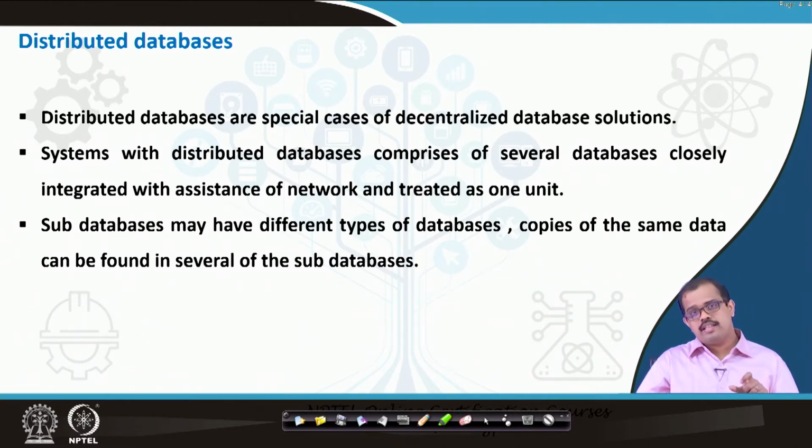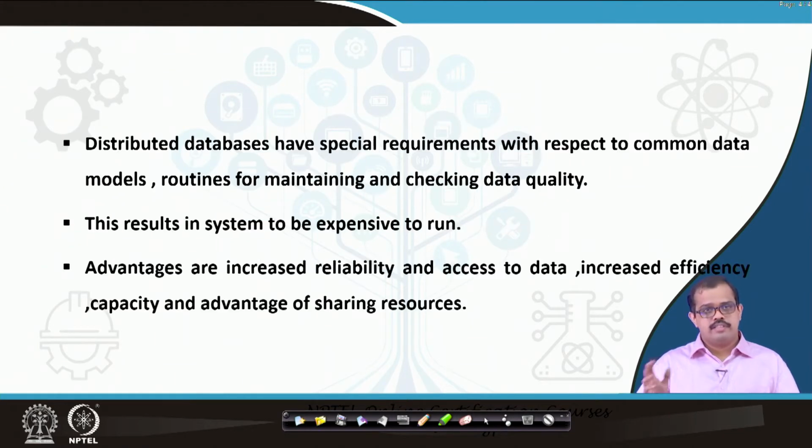The issue is data redundancy, in case it is not needed. That is something you have to maintain in a much better way, which relational databases normally handle very effectively. Distributed databases have special requirements with respect to common data models and routines for maintaining and checking data quality.